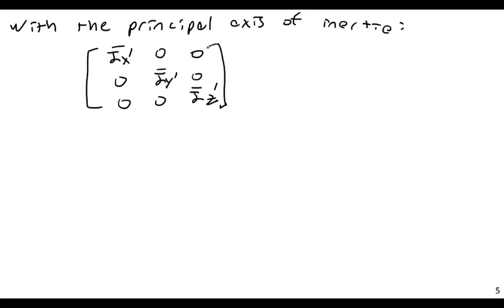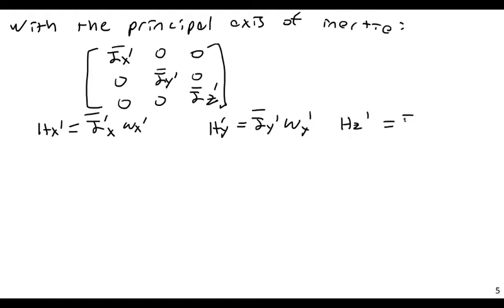So, in other words, hx prime is equal to Ix prime omega x prime. hy, the angular momentum about y prime, again the local coordinate system, hy prime is going to be equal to Iy prime times omega y prime, and hz prime is going to be equal to Iz prime times omega z prime.